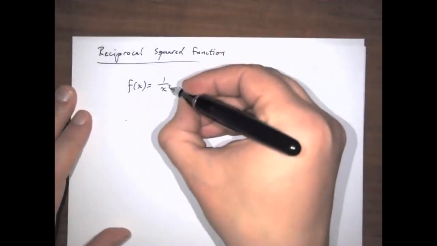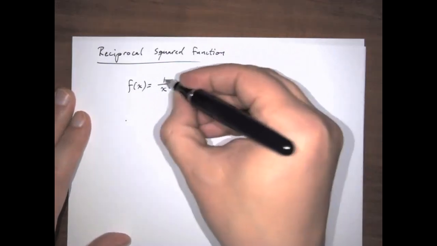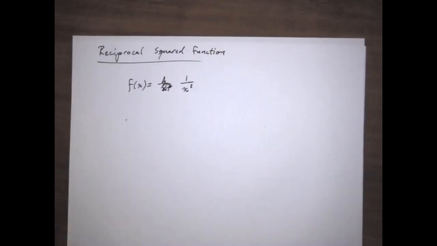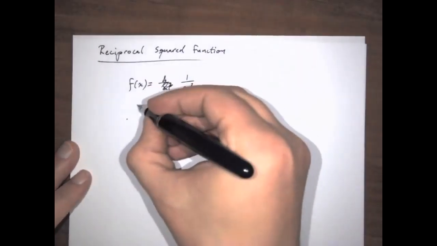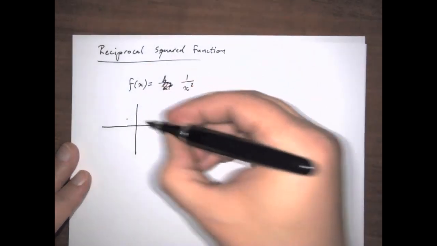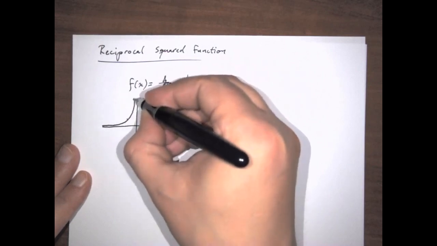And again, the big difference between squares and non-squares is that when you square something, the result is never going to be negative. So unlike the hyperbola that we just drew, which had one side above and one side below, this one is going to have a similar shape, just both sides above.